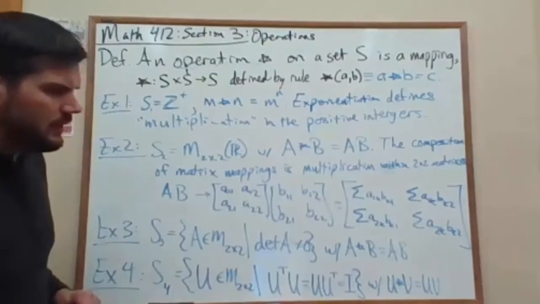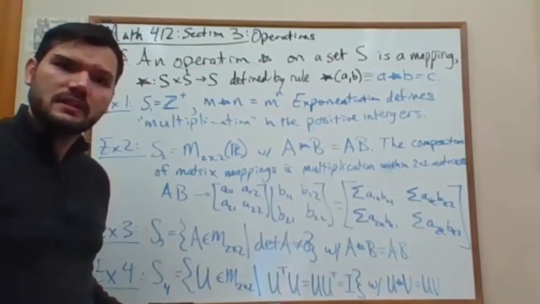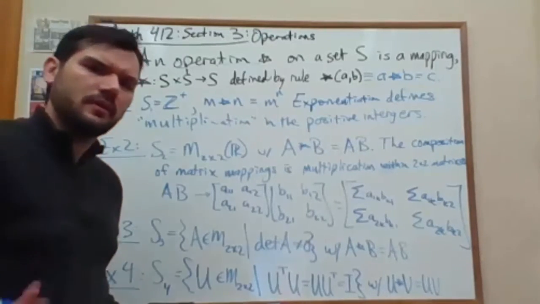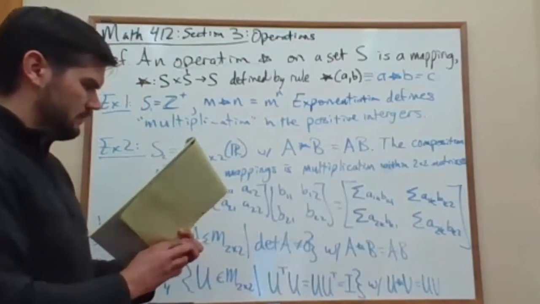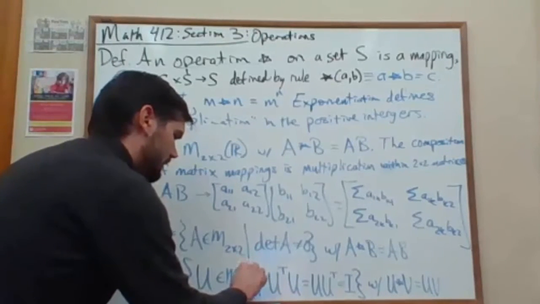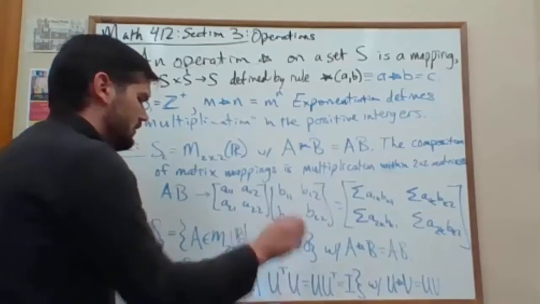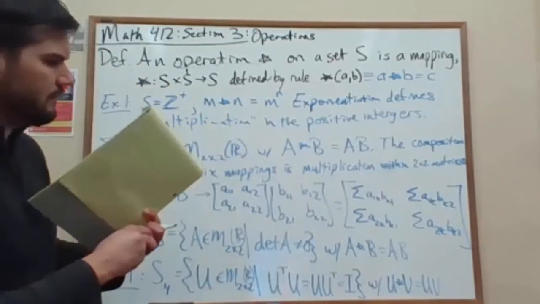Now, the reason I'm using U here is it's referring to the set of unitary matrices, but in this case, it's the real orthogonal. I'll put that over the reals just to keep that straight.